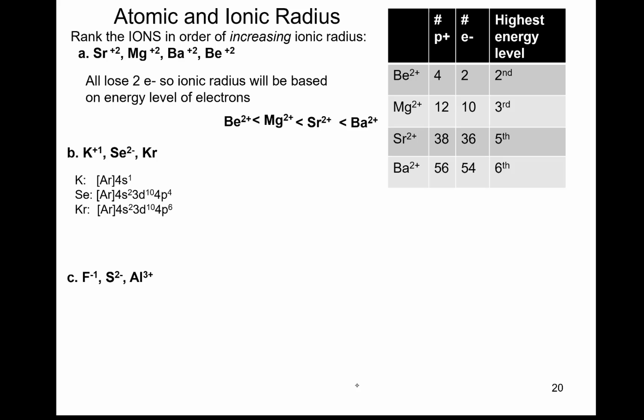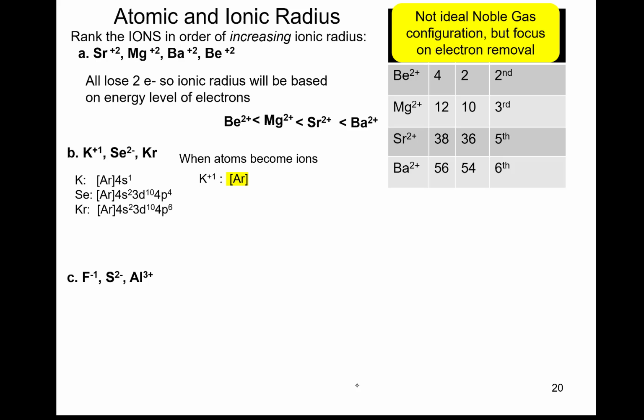So if we look at their configurations, those are the configurations when they're not ions. When they become ions, their electron configurations will change. We're going to focus on electron removal here. So when potassium loses an electron, it no longer has an electron in the 4s energy level, so it's just argon.